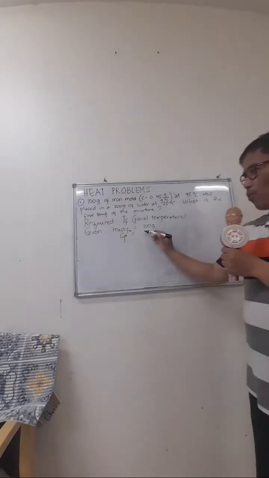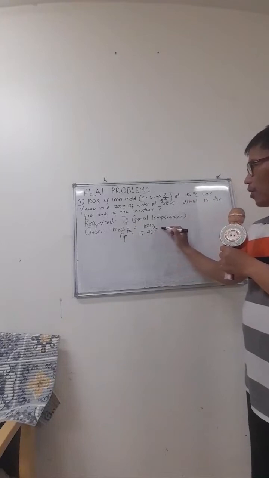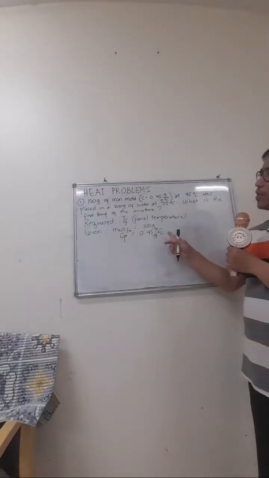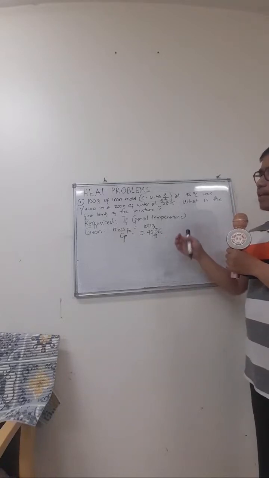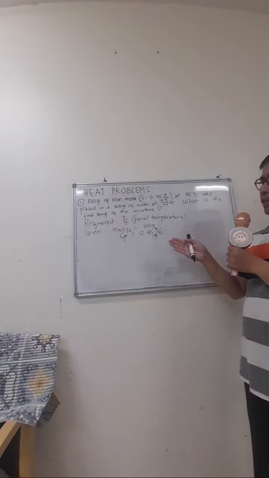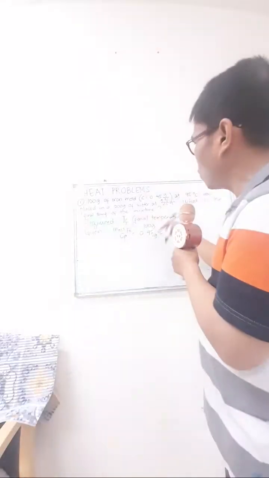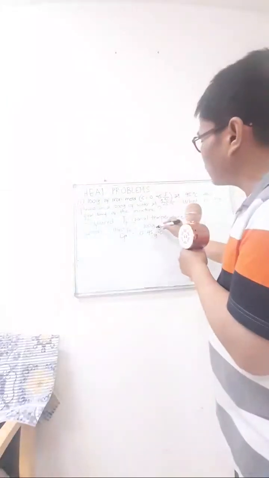We have 0.45 joules per gram degree Celsius. If we mean specific heat capacity, then there will be Celsius in the denominator. But if you simply say heat capacity without the term specific, then there's no need to put the Celsius. This is joules because this is specific heat.